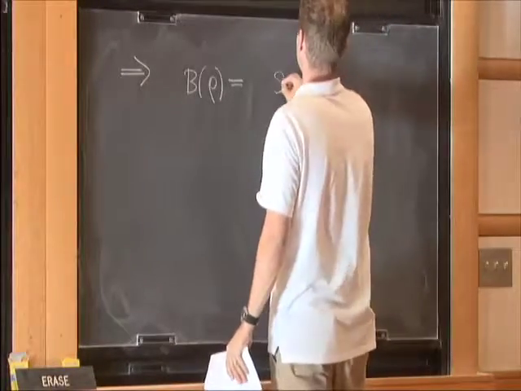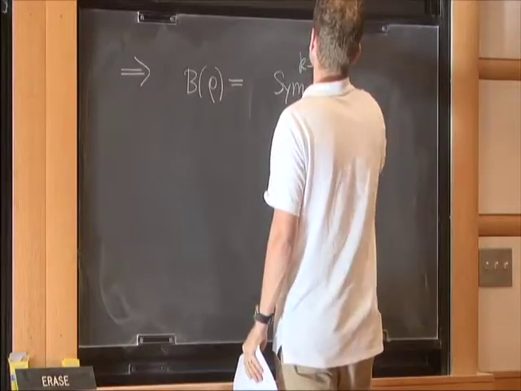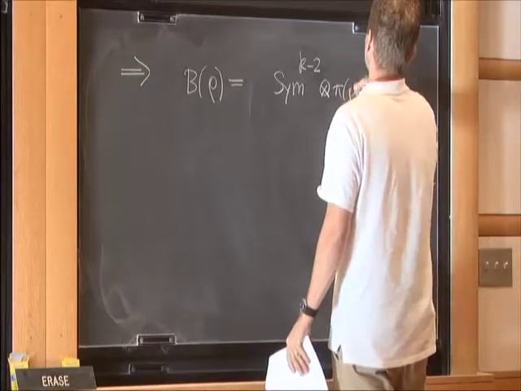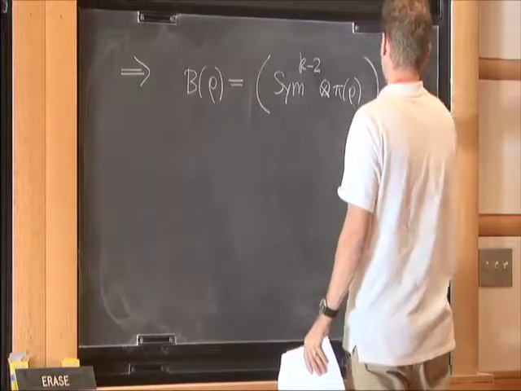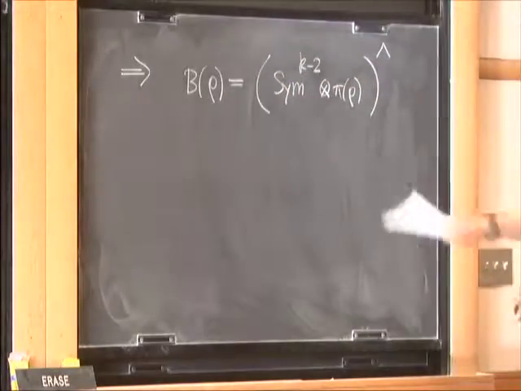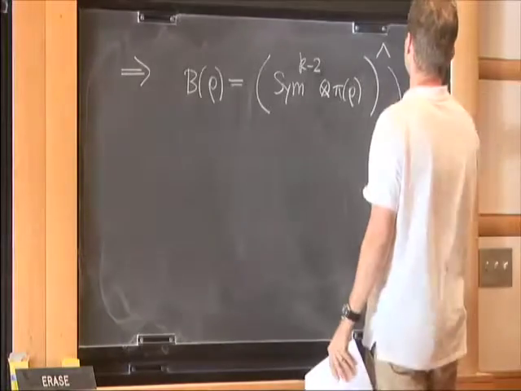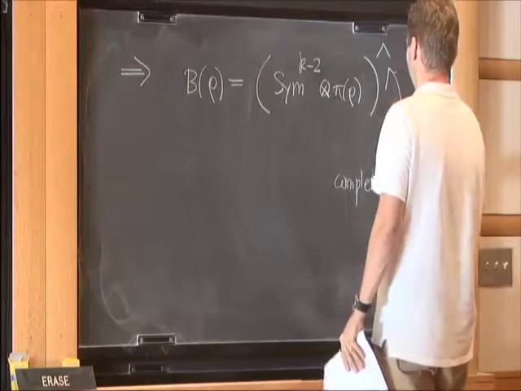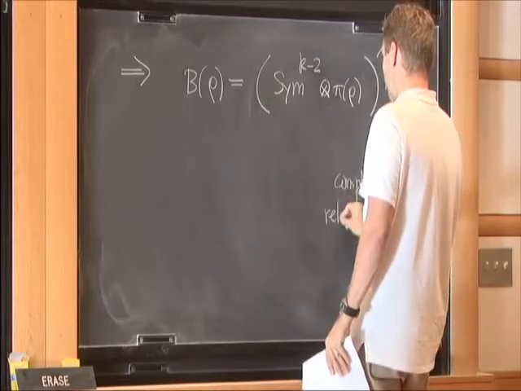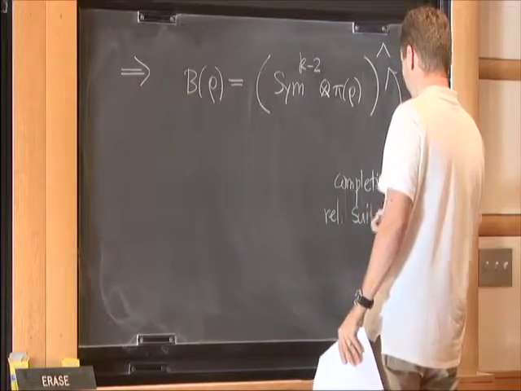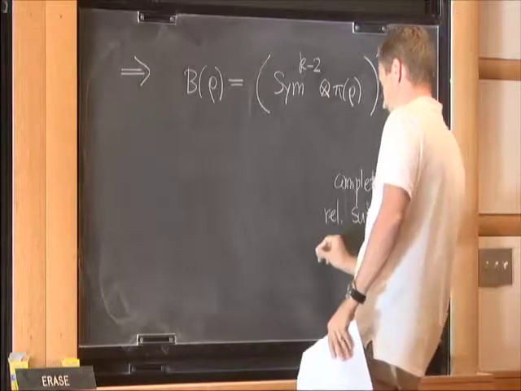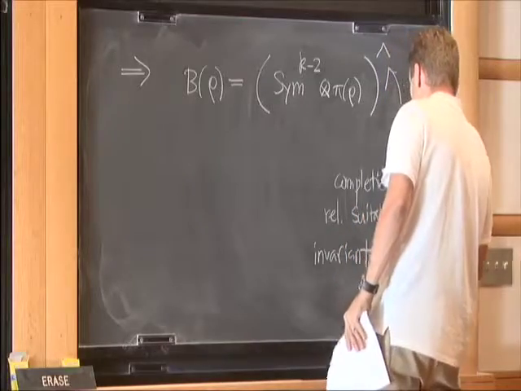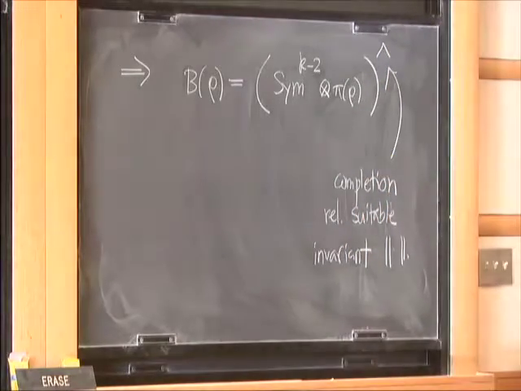So this is the symmetric power tensor this pi of rho, where you take the completion relative to some invariant norm, on that space.